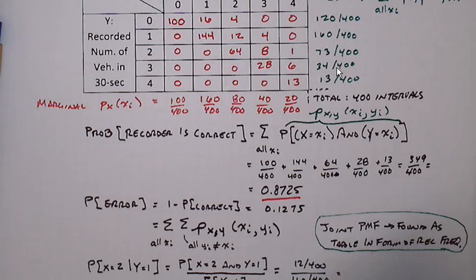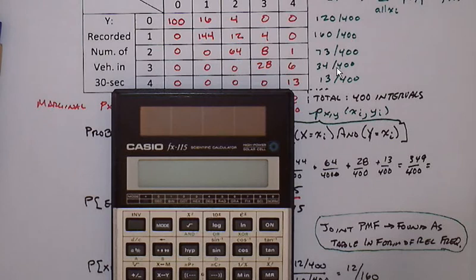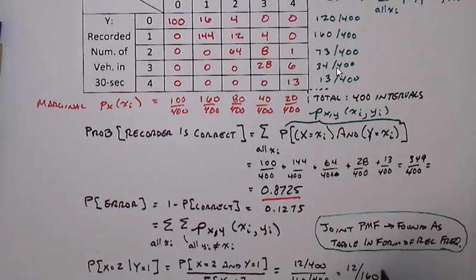And so we get 12 over 160, and 12 divided by 160 is 0.075. So only about 8% of the time did that particular situation happen.